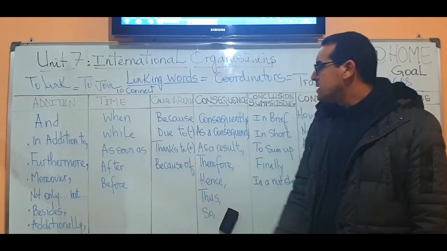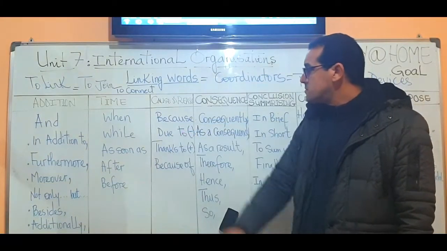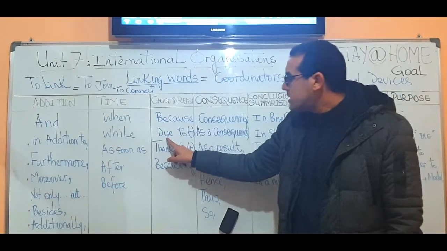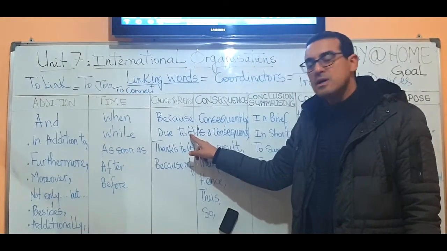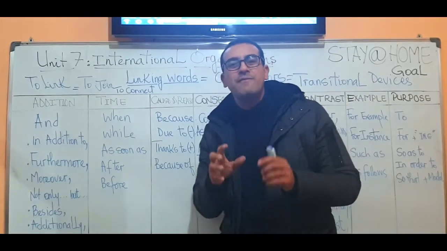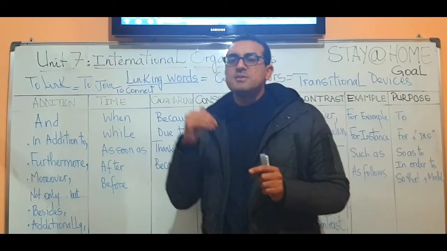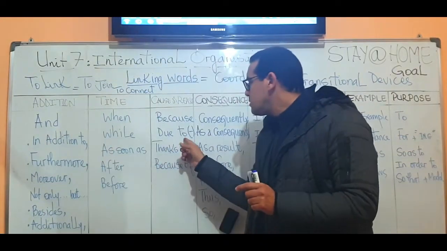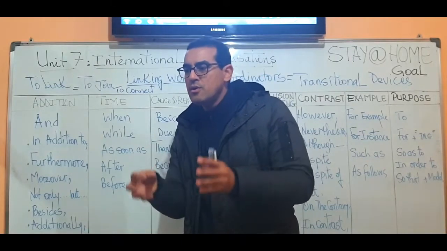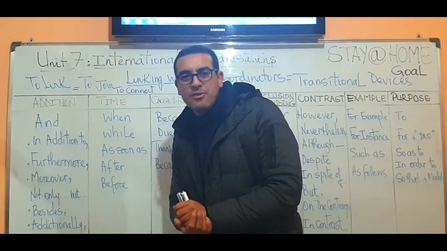Let's go to number 3, cause and reason. So we have these ones here. Because, due to, when we have, for example, something negative. Due to, we can say, for example, that villagers, people who live in a village, cannot go to the city due to the heavy rain or due to the heavy snow blocking the roads, blocking the pathways.